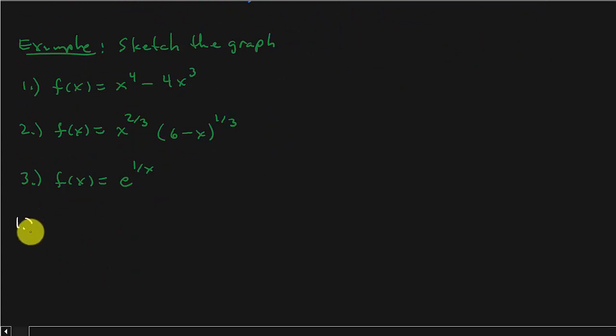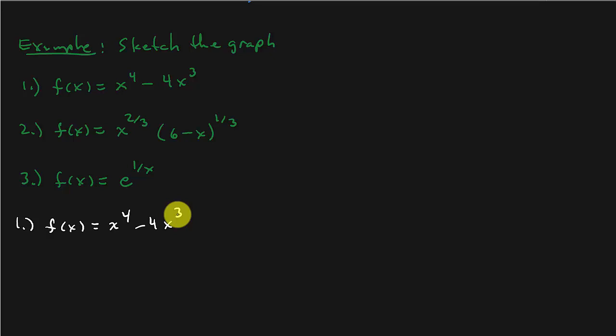I'll recopy the problem. We got f of x is equal to x to the 4th minus 4x cubed. So let's graph this thing. All right, so to graph this, we want to find out where it's increasing, decreasing, local max and min, concave up, concave down, inflection points, and then we'll sketch the graph.